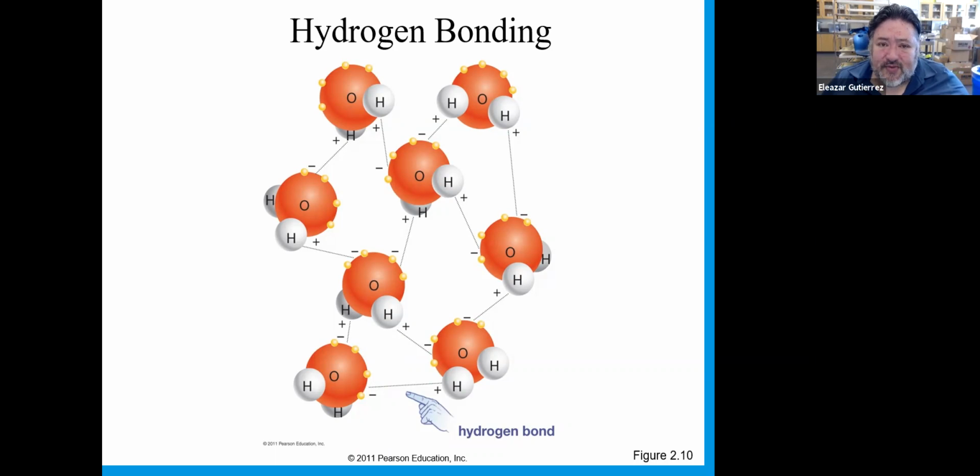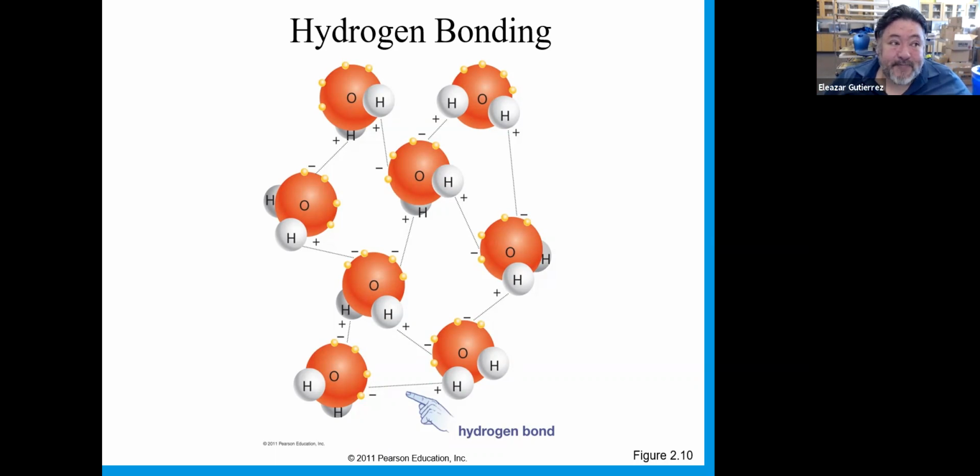And why is this important? Because water is one of the few liquids out there where the density actually goes down as it freezes. Most other liquids, as the temperature goes down, the density increases. Water is the opposite. As the temperature goes down, the dynamic nature of water causes a crystalline structure that decreases the density of water.